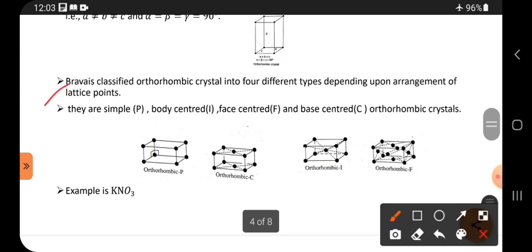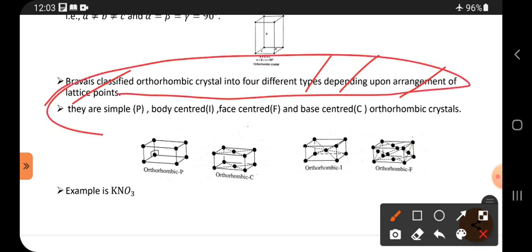According to Bravais, he classified the orthorhombic crystal into four different types depending upon the arrangement of lattice points. I have written the same point everywhere, but I am changing what the point is and the names are changing, because it is very useful for remembering.